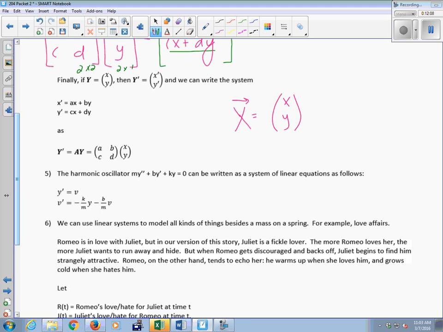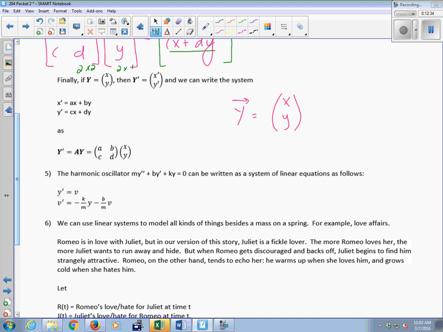You can call it either. It was just the author's decision. I think it's because typically when you only have one differential equation, you use y as your dependent variable. So now we're kind of squishing two equations into one vector, so we stuck with y.